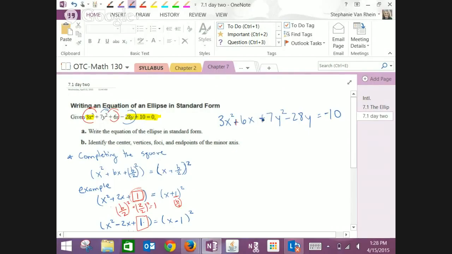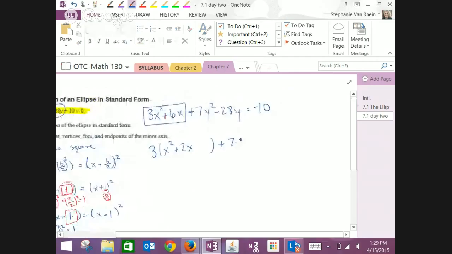Okay, do you guys see what I did there? I grouped the x's. So what I need to do here is pull out the coefficient that's in front of my x squared. So I have 3 times x squared plus 2x. And I'm going to leave a little space because I want that to be a perfect square.